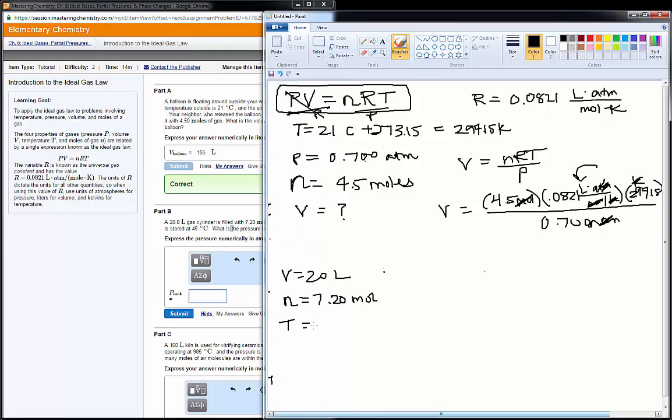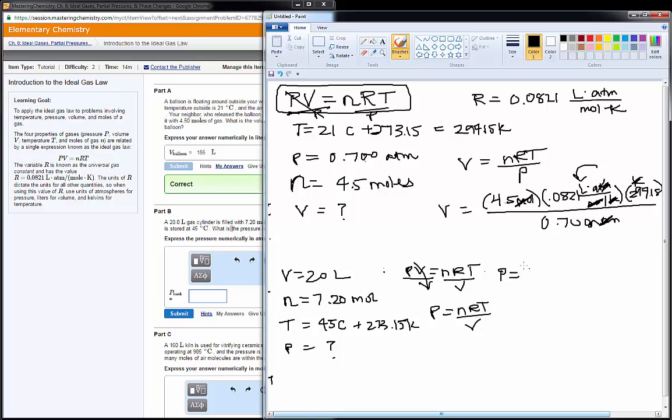That's quite hot. And they want to know what is the pressure. So solving PV equals nRT for pressure. Divide both sides by volume, and we get P equals nRT over V.